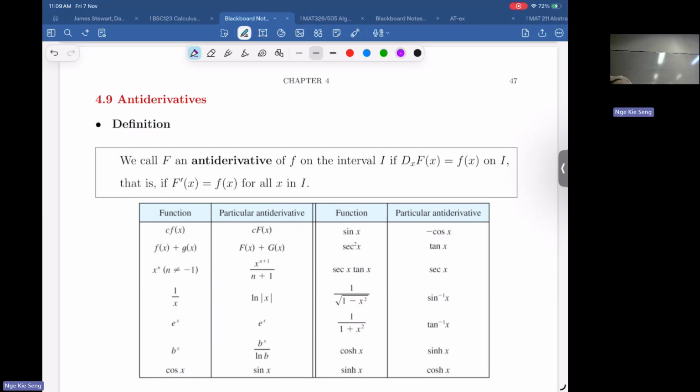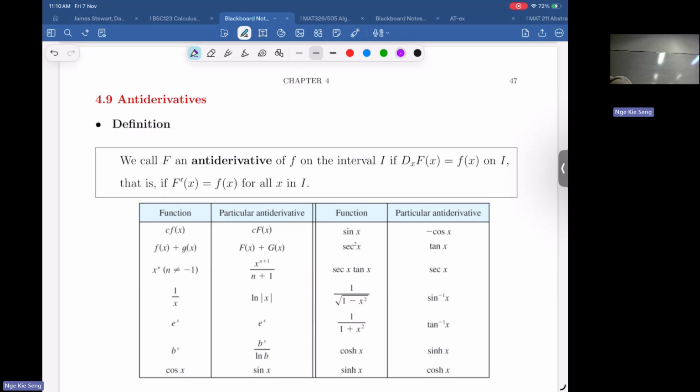Wait, you get this, then this is what? This is A, this is B, but this one is less than or equal, not equal, right?